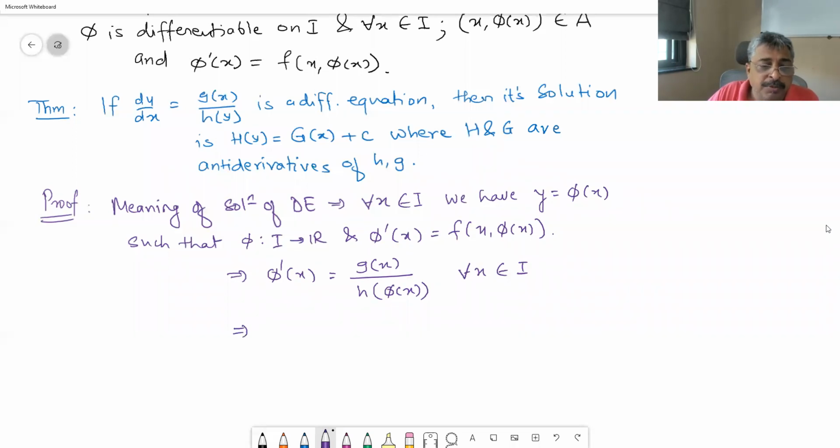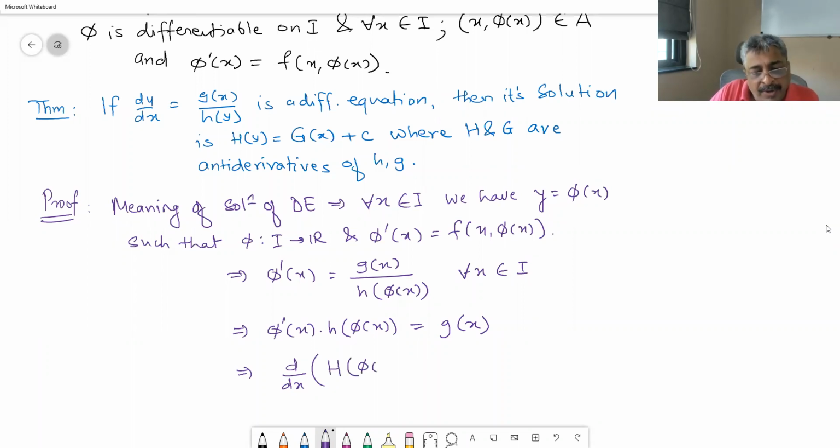you can always cross multiply: phi dash of x into h of phi of x is equal to g of x. So now this is the situation where you can take integrals on both sides, or you can write this as d dx of capital H of phi of x is this quantity.